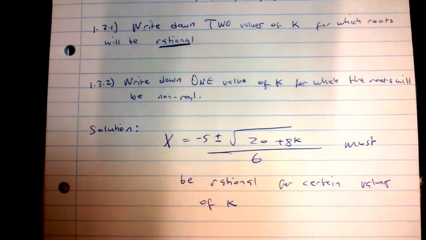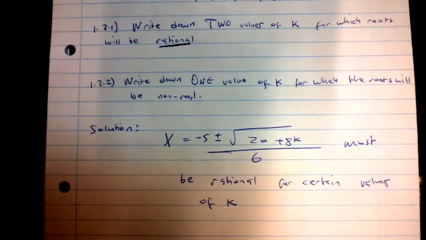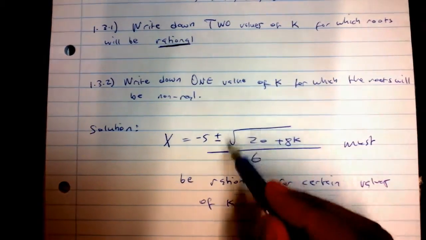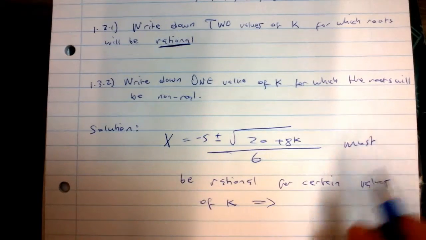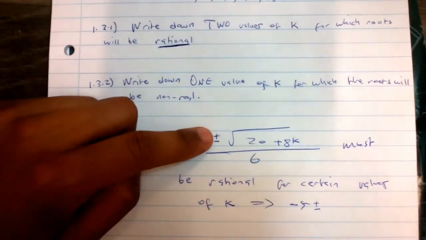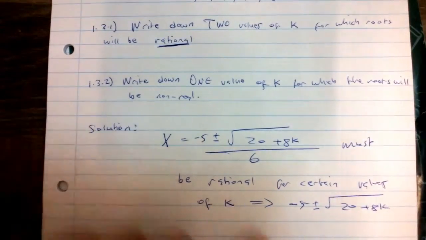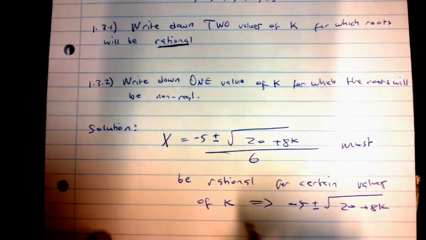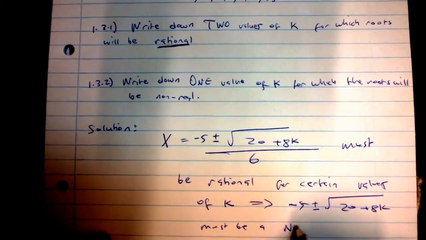So this expression must be rational. And if this is rational, this implies that -5 plus minus, so I'm just focusing on the value of the top, the numerator, over root of 20 plus 8k, must be a natural number.